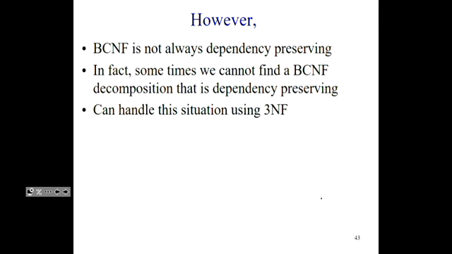That gives us a different point in the trade-off space, one which prefers dependency preserving over redundancy minimizing. Both of these normal forms are lossless, because if you don't have lossless, then you can have junk data. You don't want that.